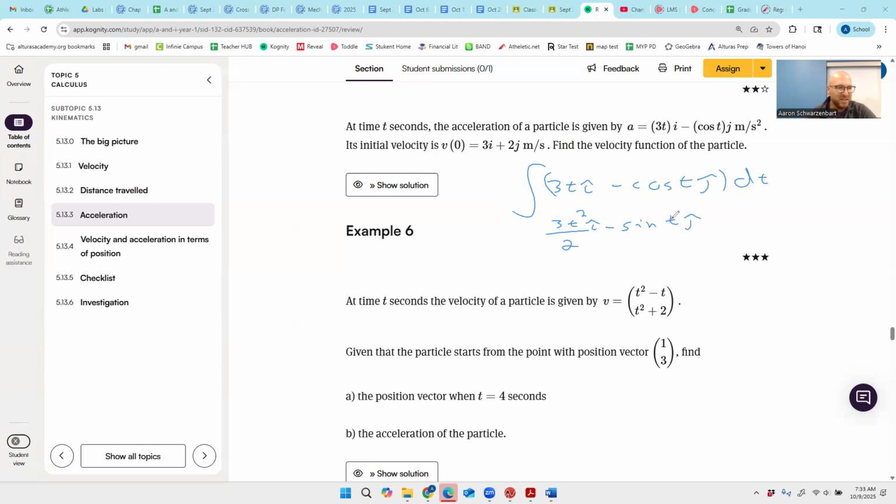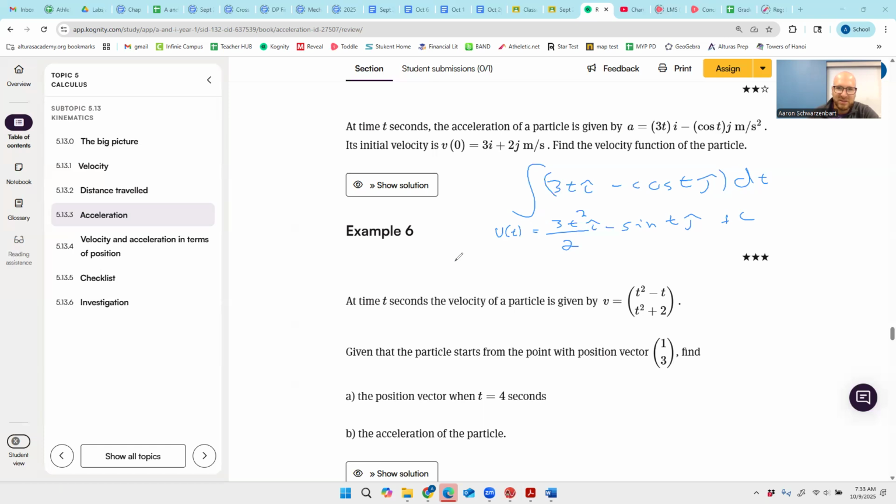The i hats and the j hats just stay as they are. And we have our plus c. So then this is v of t.